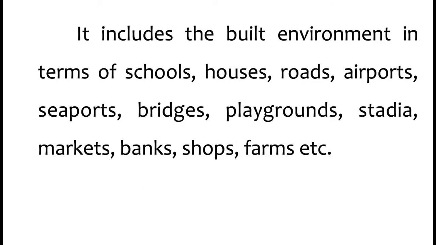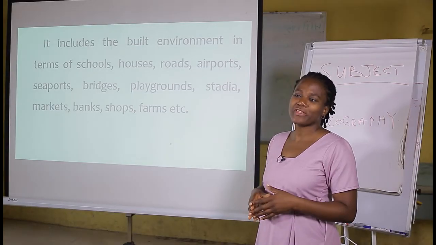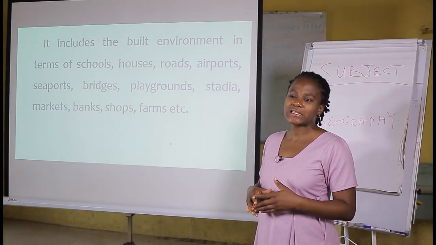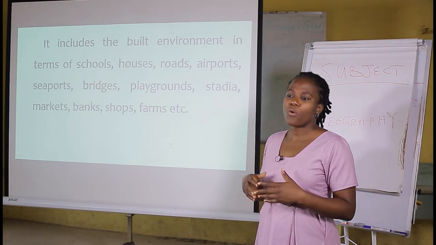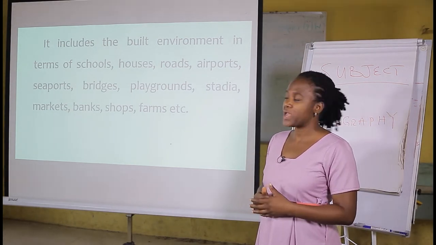Like it says here, it includes the built environment in terms of schools, houses, roads, airports, seaports, bridges, playgrounds, stadia, markets, banks, shops, farms, etc. All these have to do with the activities that the human being or the animal participates in.